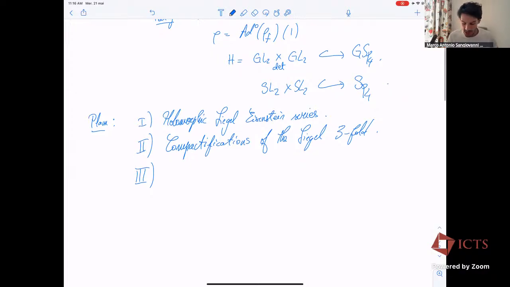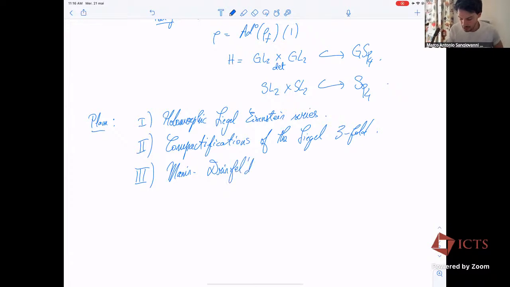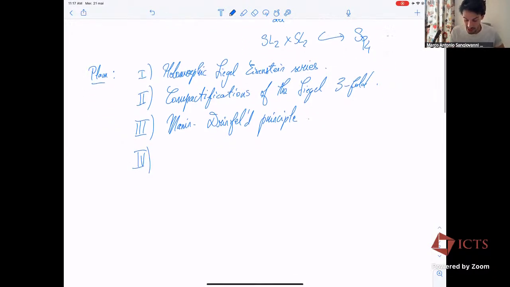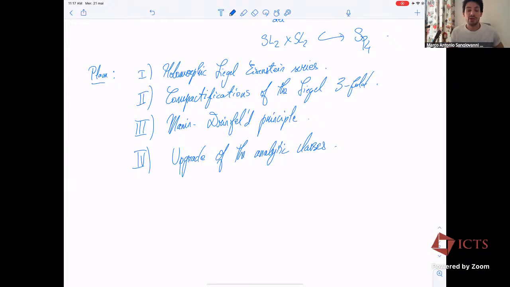And then I will talk about what is known in the literature as the Manin-Drinfeld principle. And lastly, I will conclude with the upgrade of the analytic classes to geometric étale classes with known Galois action.